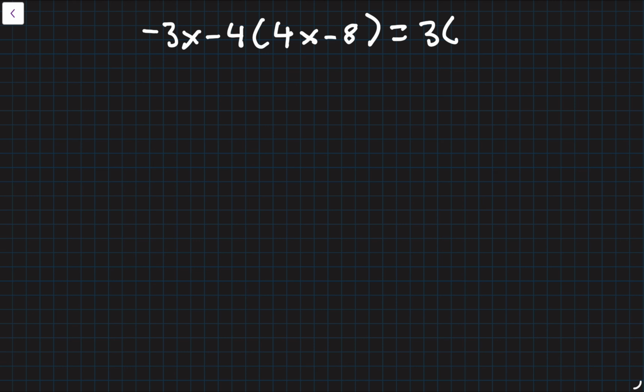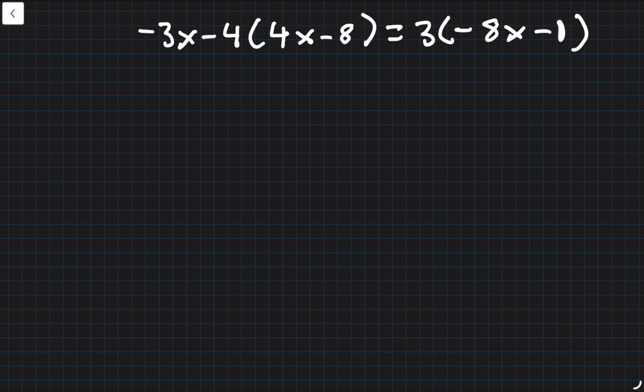Okay, so let's do a similar equation to this. We're going to write negative 3x minus 4 times parentheses 4x minus 8, equals 3 times parentheses negative 8x minus 1. Okay, so how would we solve something like this? First we're going to have to multiply.